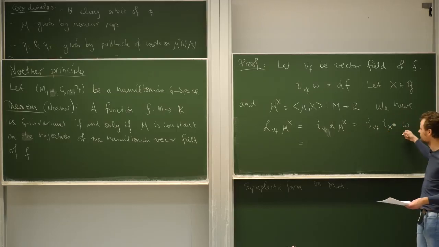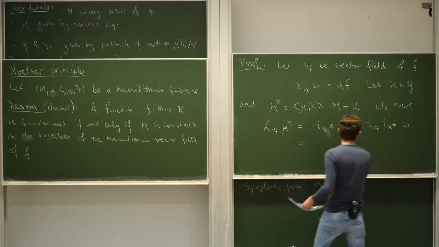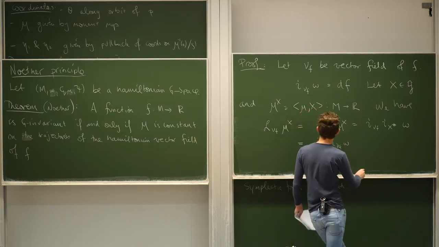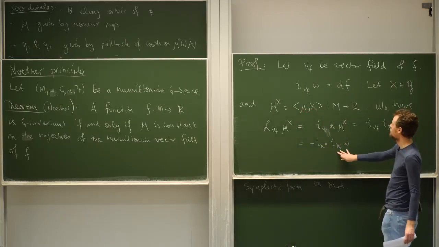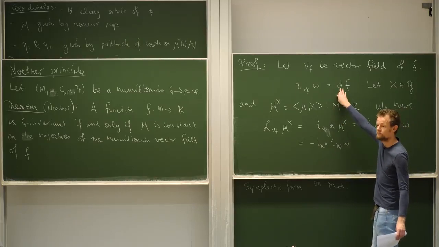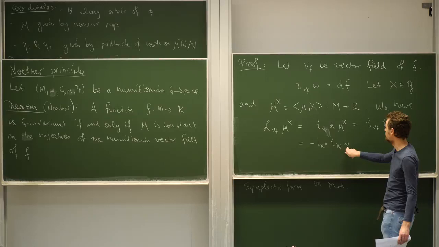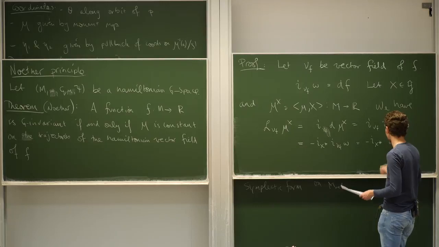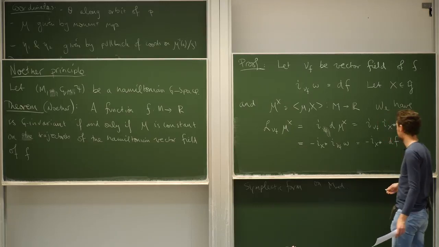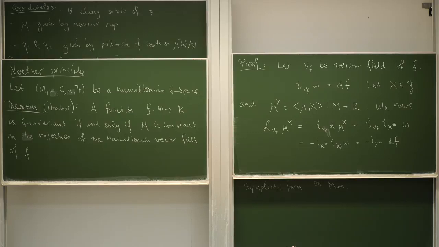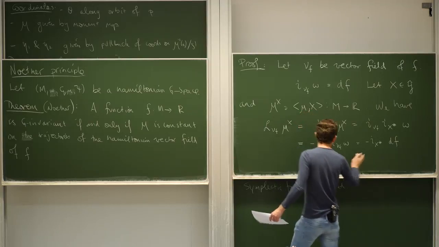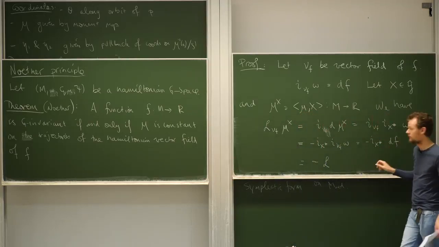Now we've got two interior products against the symplectic 2-form. If we did it in the opposite order, we get a minus sign. And now we can use this fact up here. So the interior product of nu of F with omega, we have a name for that. It's dF. And then we undo the definition of the Lie derivative here.